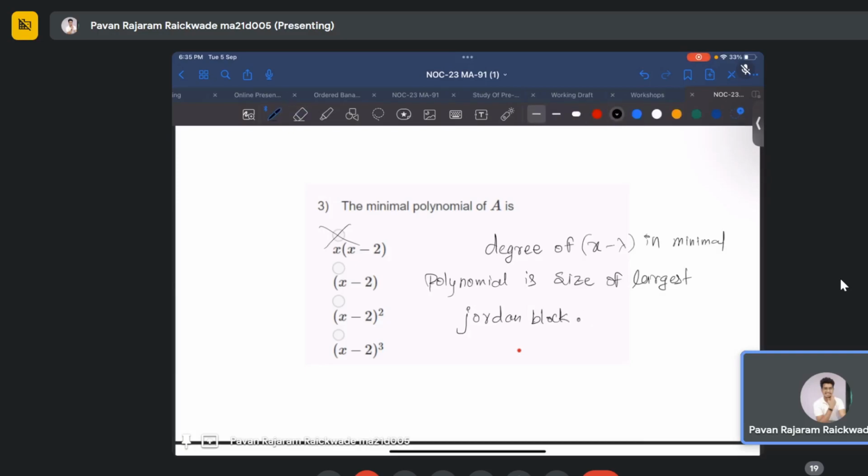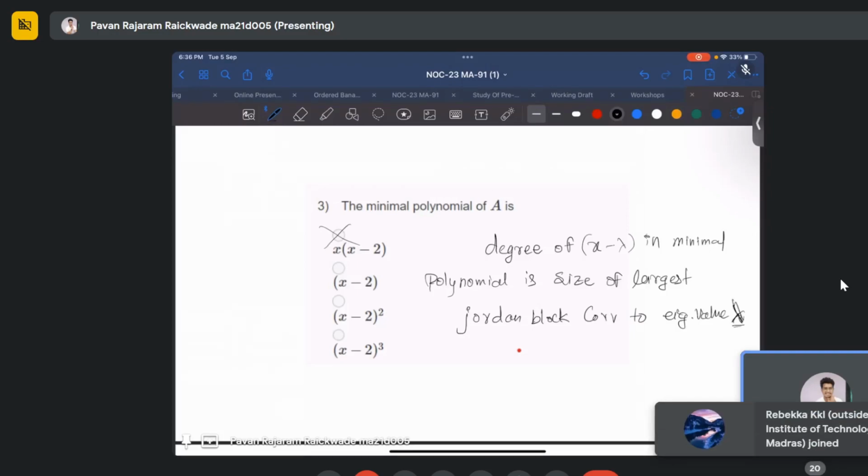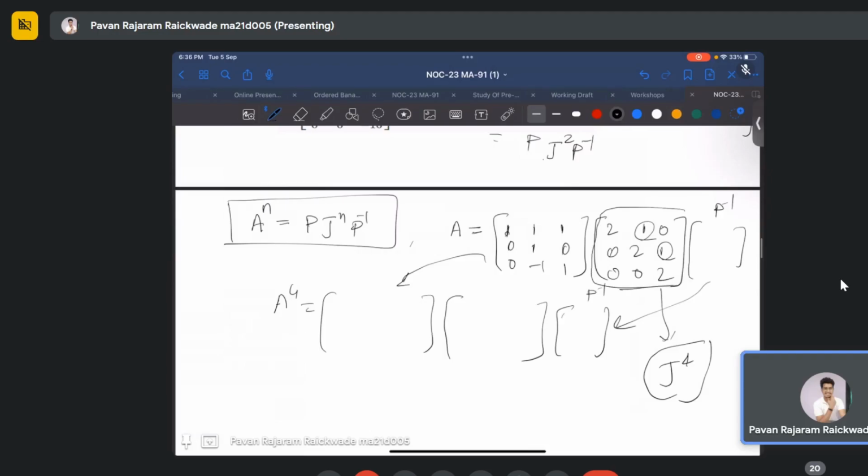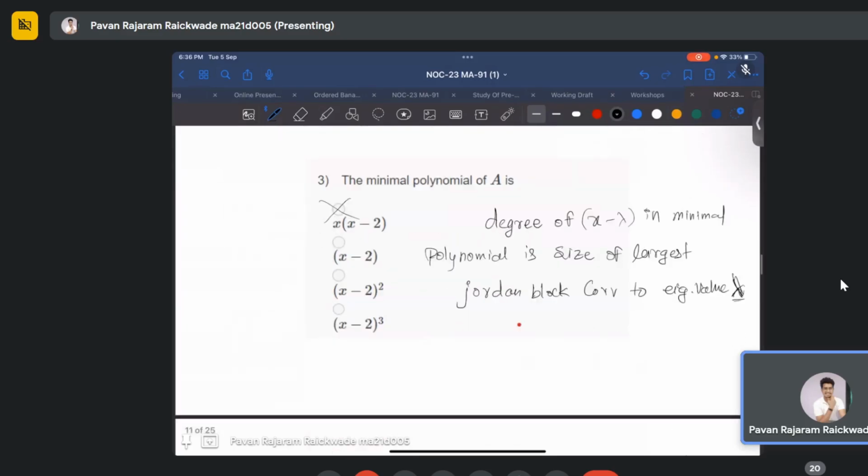When I consider the Jordan decomposition of a matrix A, whatever is the maximum Jordan block corresponding to eigenvalue lambda will be the degree of x minus lambda in the minimal polynomial. We have just seen the Jordan decomposition. Here, there is only one block, because geometric multiplicity is 1, and that is equal to the number of Jordan blocks. What is the size of this block? 3. Hence this is the right answer.